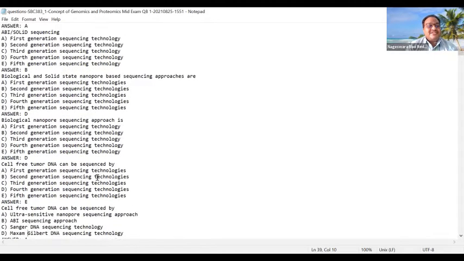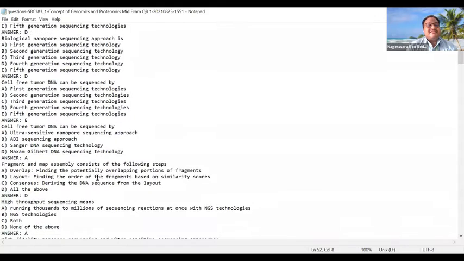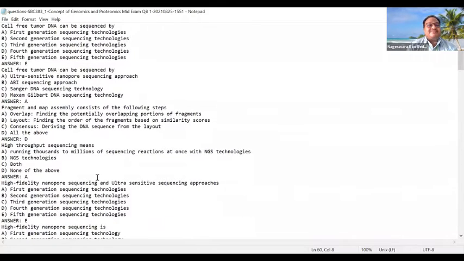Next question: cell-free tumor DNA can be sequenced by which generation technologies? First, second, third, fourth, or fifth? Which one?